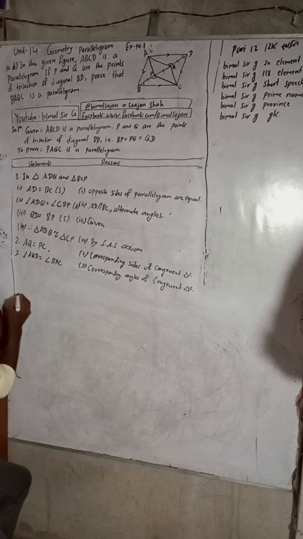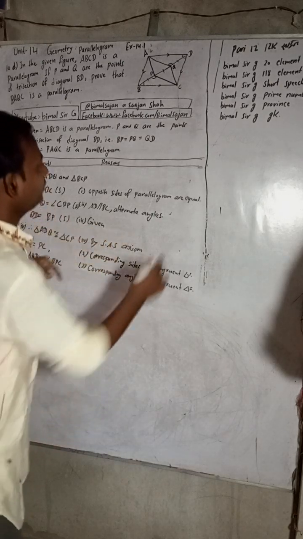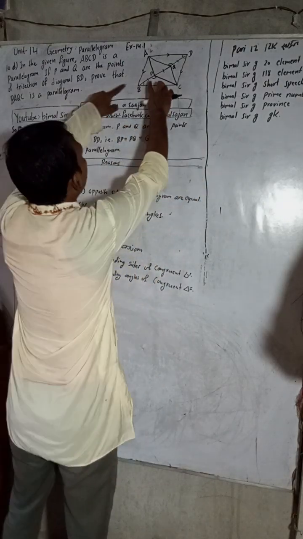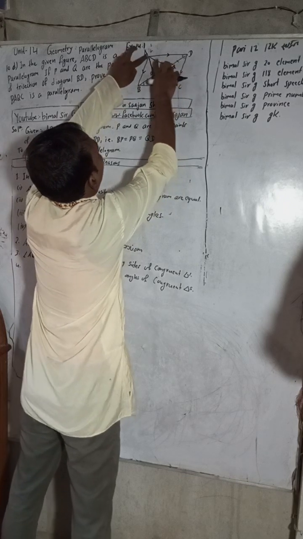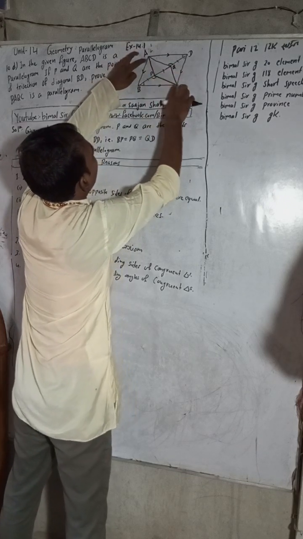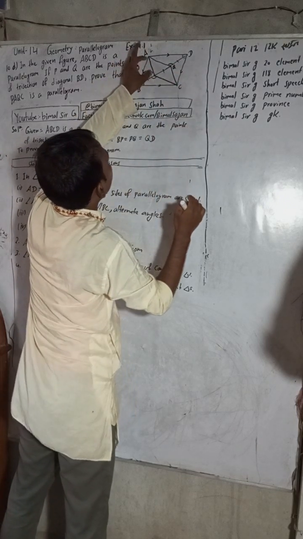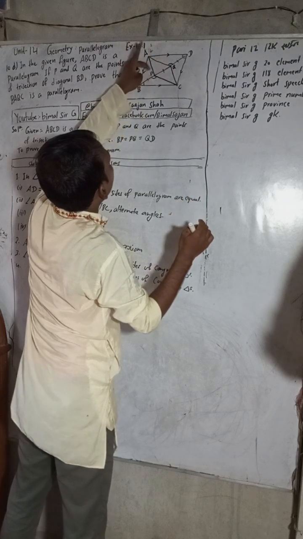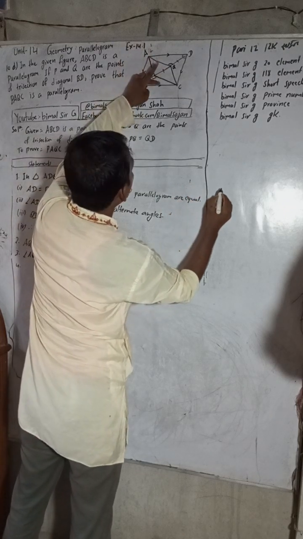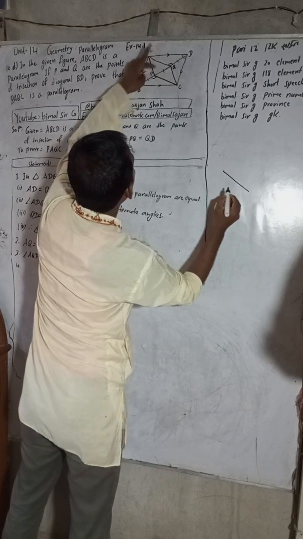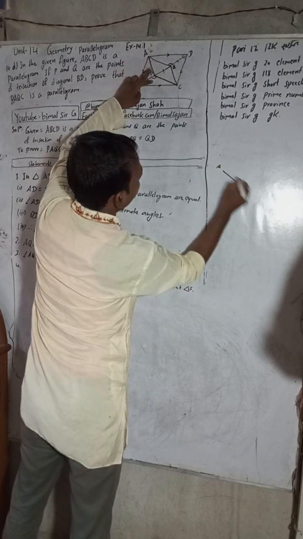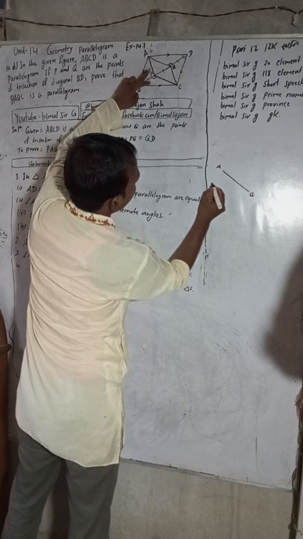Now number 4, one thing I want to show you. I will draw the figure for you. Suppose this line is our AQ and this line is our PC.